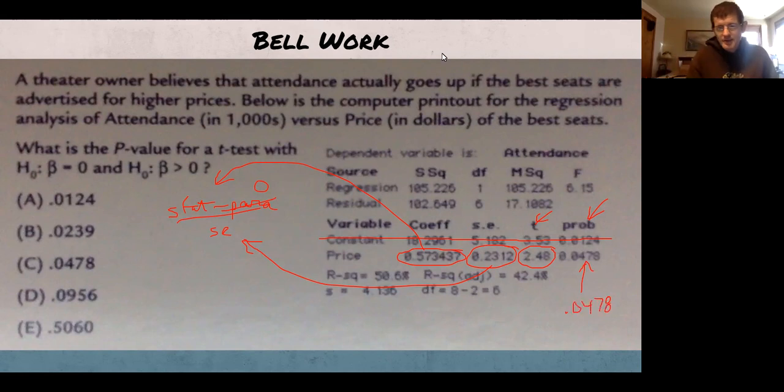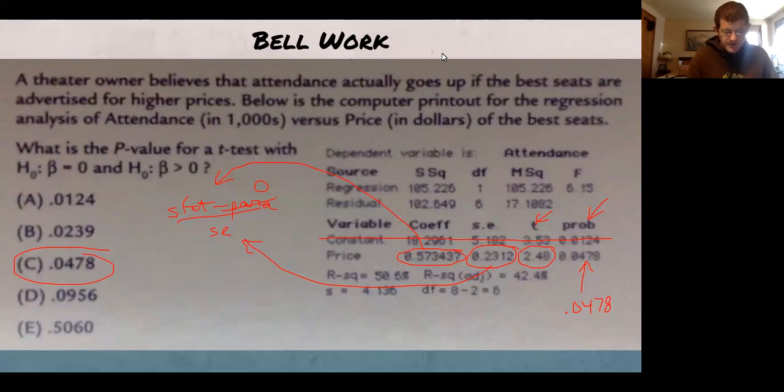If you can read this printout, you understand that the probability is your p-value. Different printouts will show it slightly differently, but you need to work through and understand that that's a p-value. It's easy to just say, oh, well, there's the answer, C. But this is where we need to think through what we talked about yesterday.